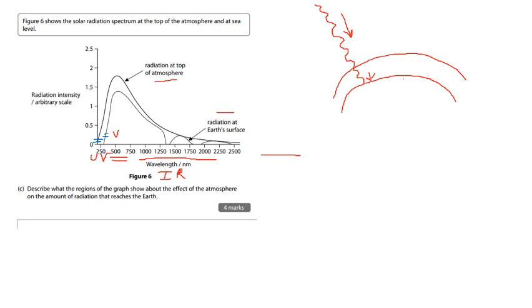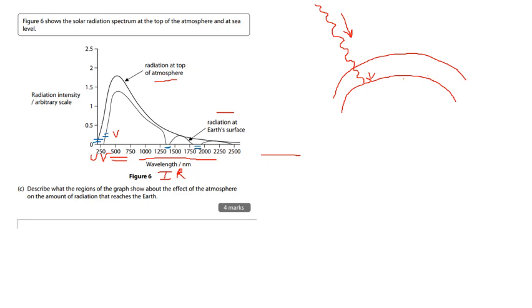For the visible light, some of the visible light gets through. In fact, most of the visible light gets through, the ROYGBIV. Looking at infrared, we will see that there are some wavelengths of infrared that don't get through. They are completely absorbed, around 1300 nanometers and around 1800 nanometers.